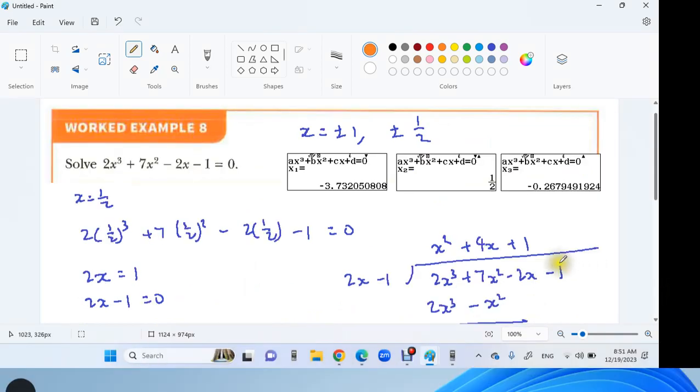Then what the student does is write x plus 3.732050808, and then we have the 2x minus 1, and then x plus 0.2679491924 equal to 0. I met a student like this before. Genius. So we cannot do it this way.